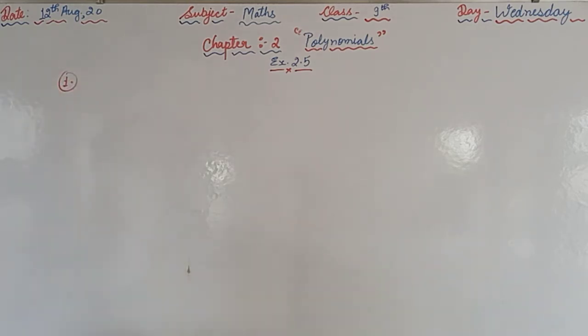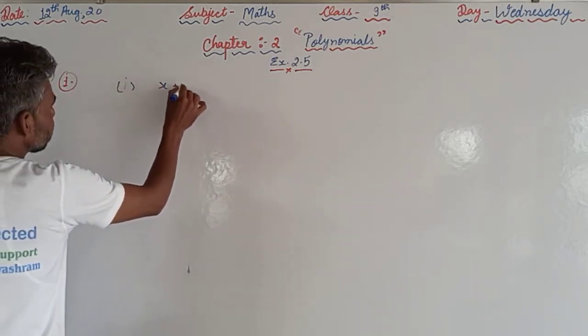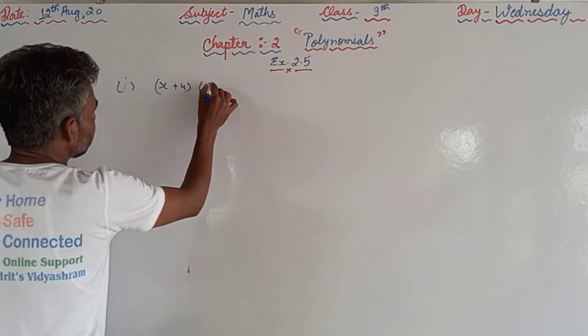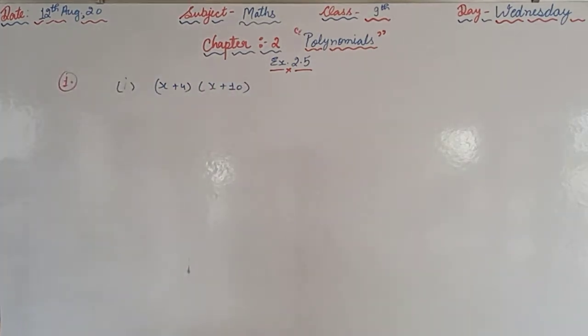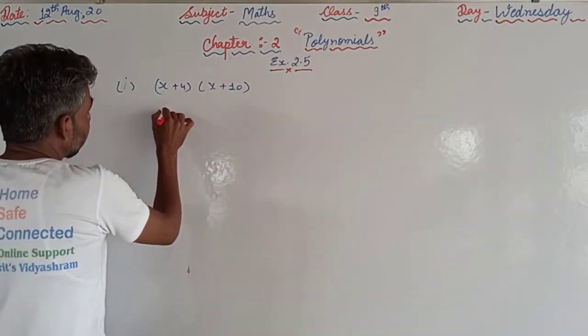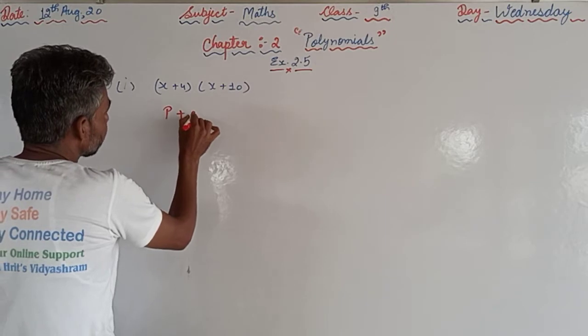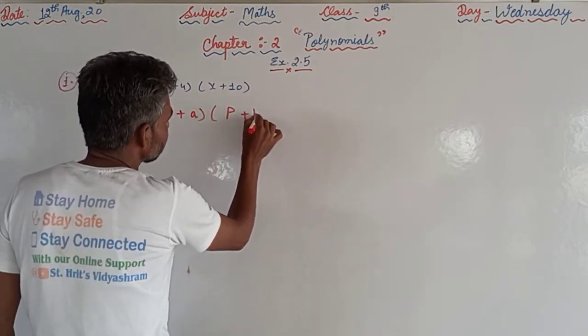find the values. So the first one is (x plus 4) into (x plus 10). We have the identity (p plus a) into (p plus b).